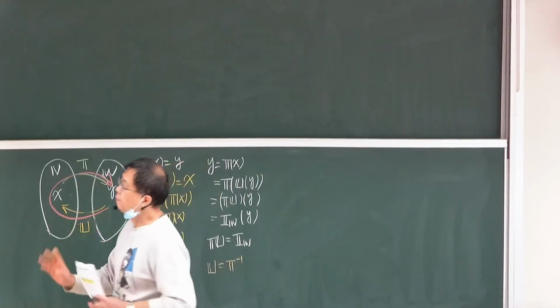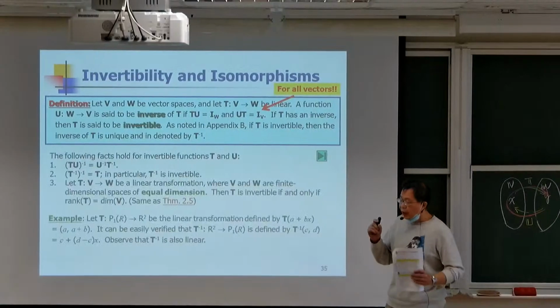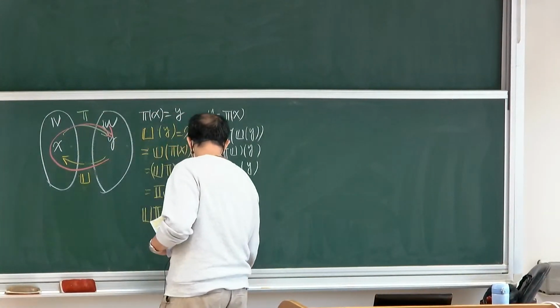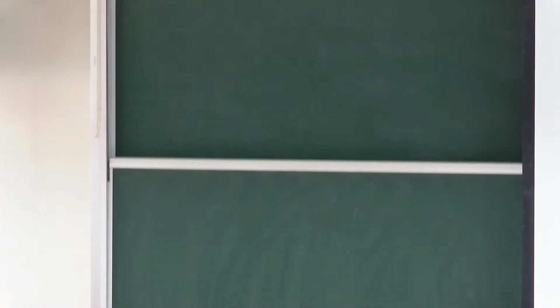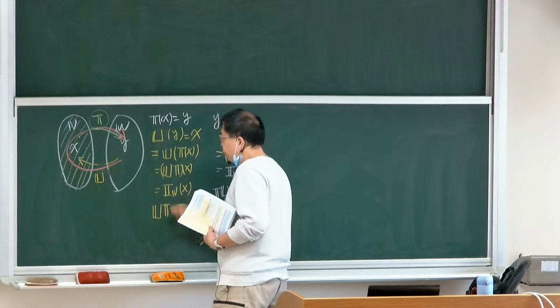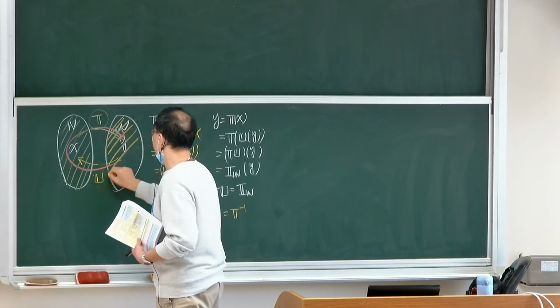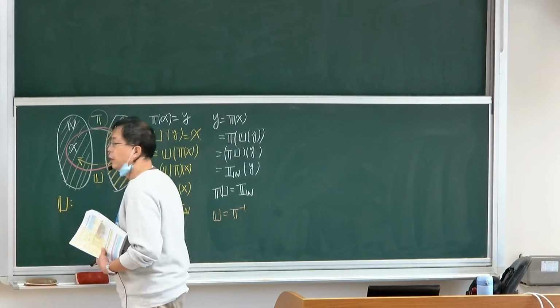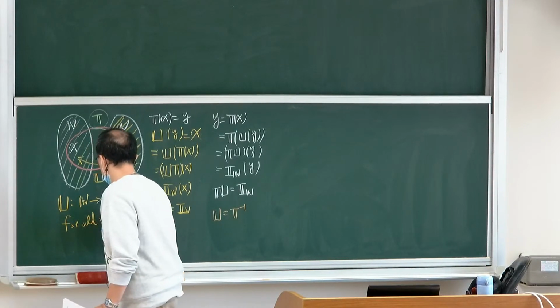First of all, for an invertible transformation, a very important thing is that for every linear transformation, we operate on all the vectors in the vector space V. We cannot leave any vector in vector space V which cannot be converted to W. So if we do the inverse transformation, we will also operate on all the vectors in W, transforming the vector from W to V for all vectors.